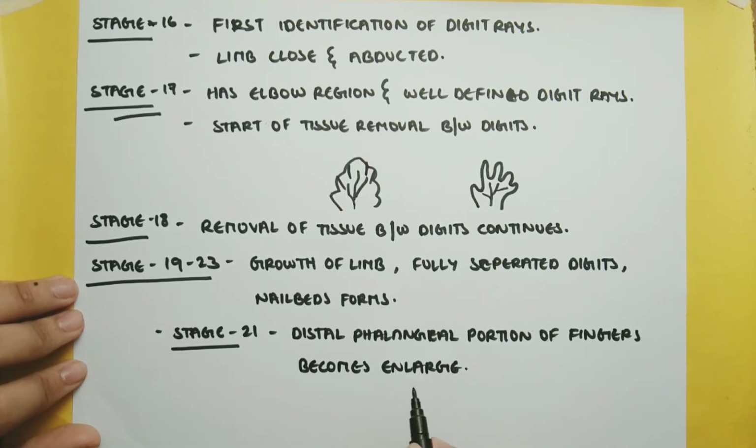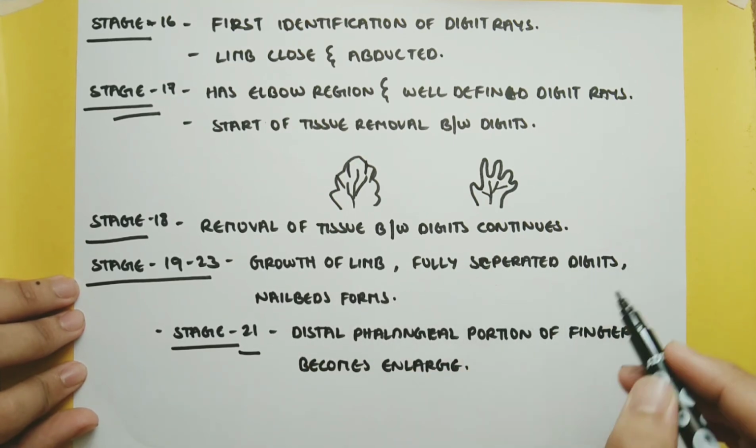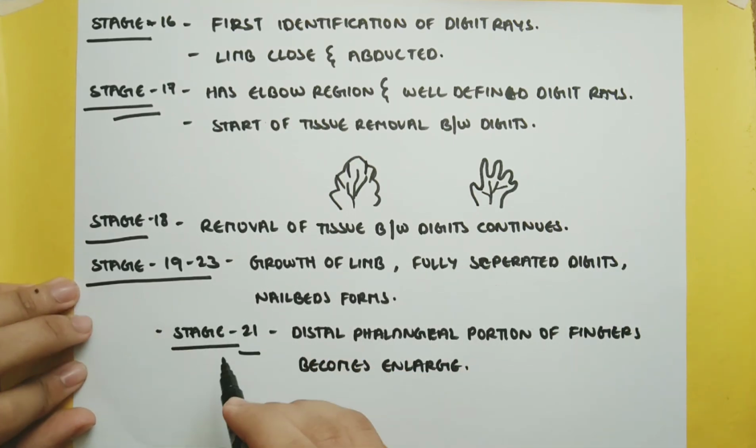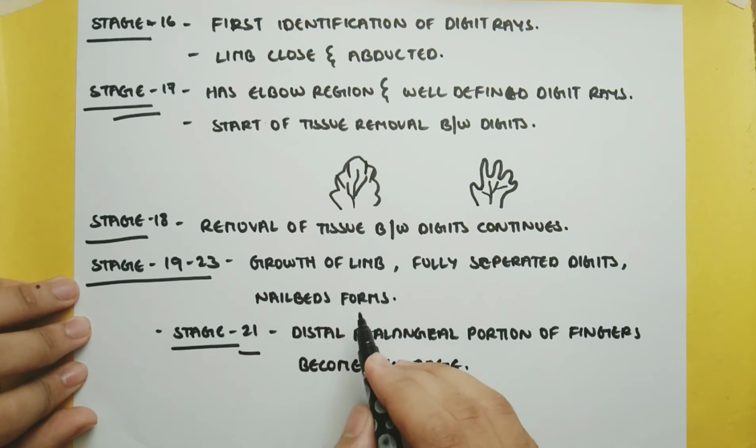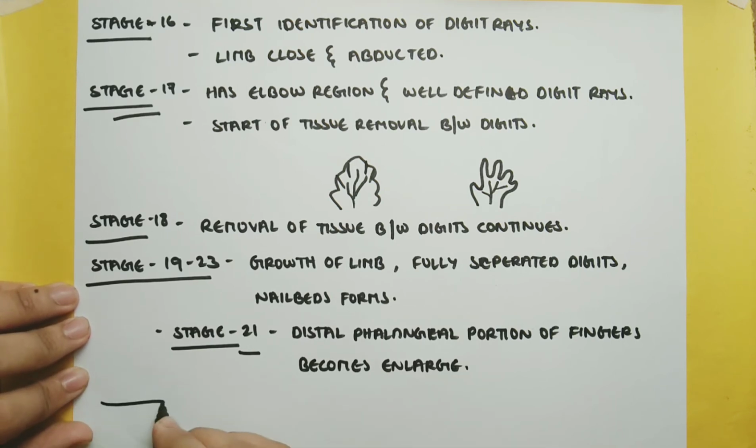The elongation of the phalangeal portion of the fingers takes place in which stage? In the stage 21. In the stage 19 to 23, the growth of the limb takes place and fully separated digits are seen. And the nail beds first form in the stage 19. These are about the stages.